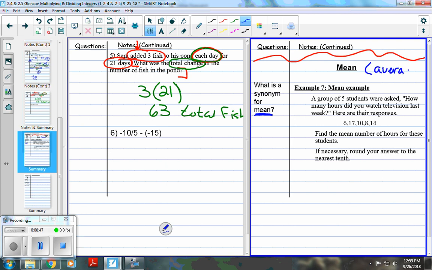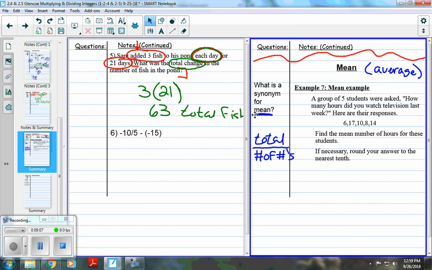And since I'm not going to have this worked example shown through the video lecture, I do want to remind you to find the average, we put the total of all the numbers on top divided by the number. Hashtag is a symbol for number of numbers. And I will show you how to do that in class.